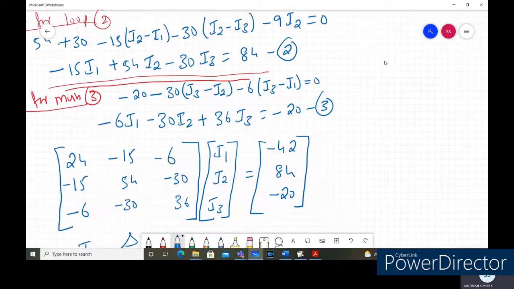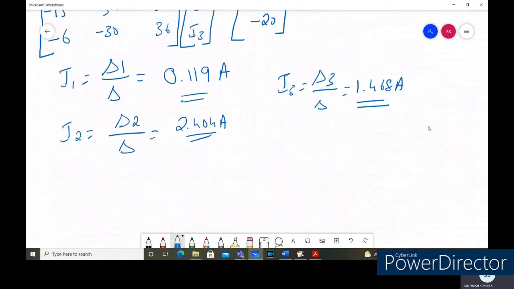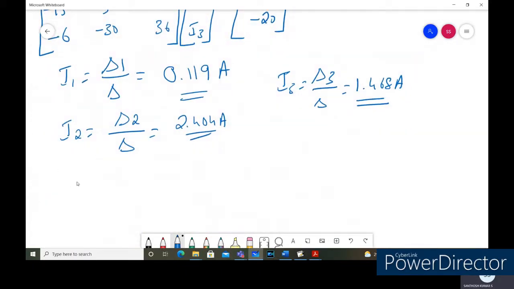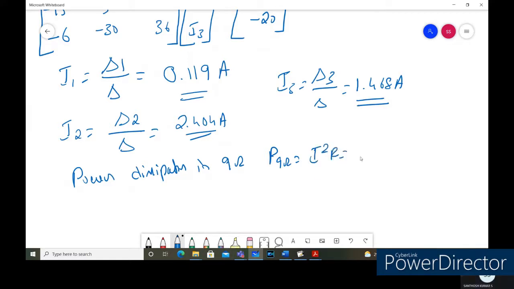So the power dissipation in the 9 ohm resistor is P equals I squared into R. I2 current is flowing here, so it is 2.04 the whole squared into the value of R, which is 9.